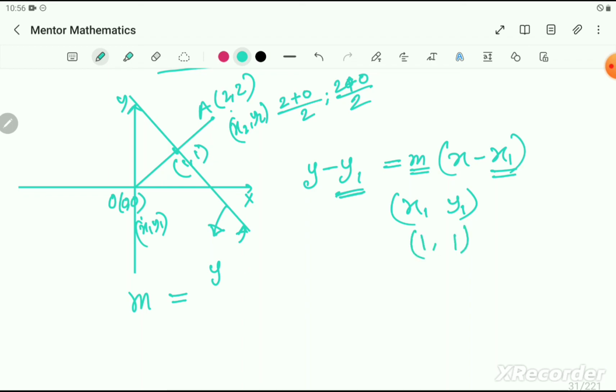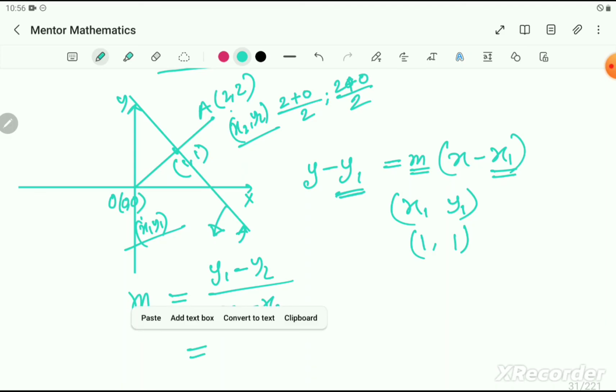And here for understanding I write two points x1 y1 and x2 y2, and for calculating the slope we can use this formula: y1 minus y2 divided by x1 minus x2. So it becomes (0 minus 2) over (0 minus 2), so 1.